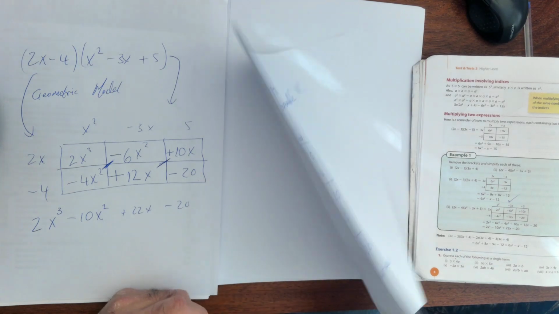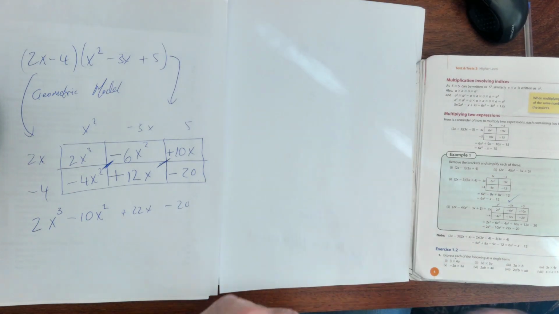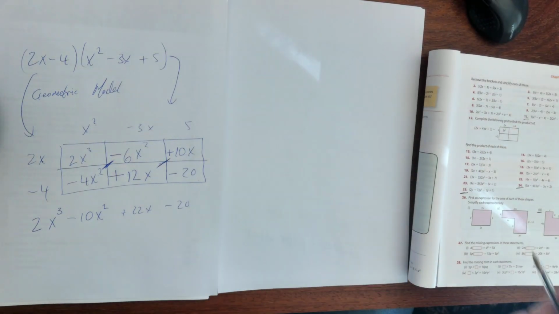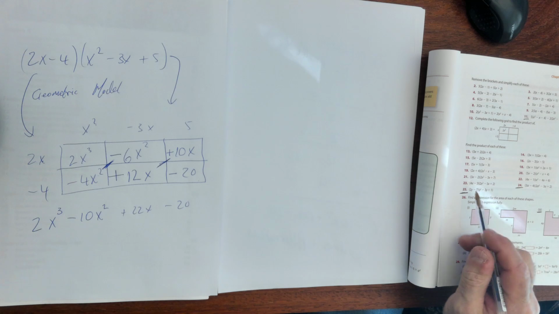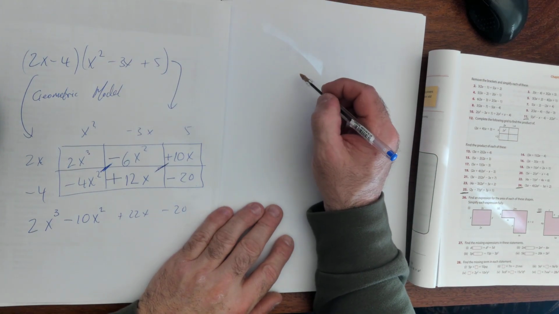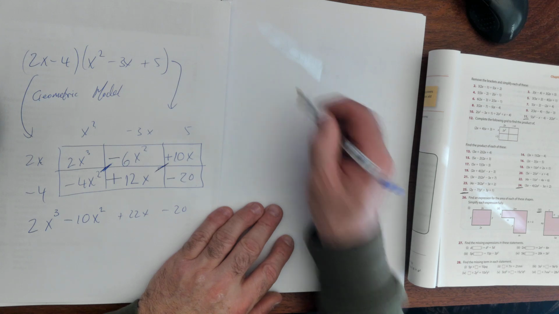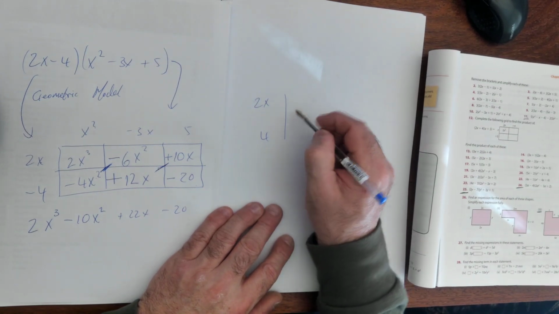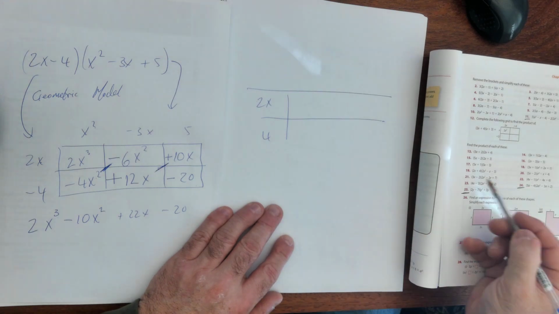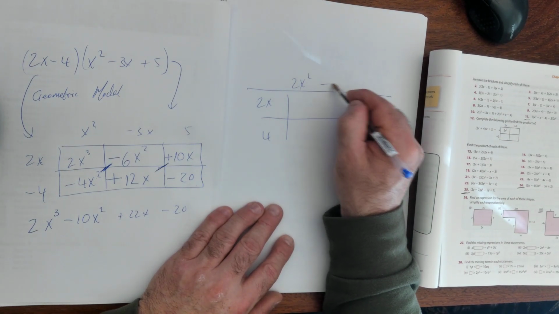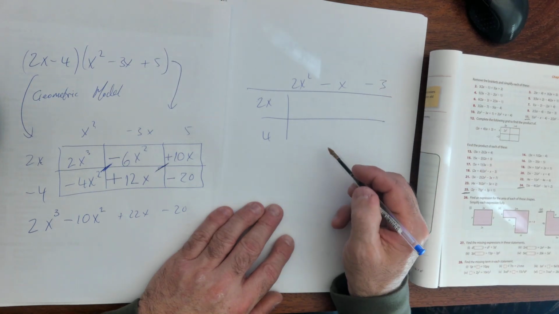We maybe just put it into practice for the first few even numbered questions that are relevant to what we're doing here now. Okay, so let's do number 21 using the geometric method. So number 21 here has 2x and 4 down the side, and it has 2x squared minus x minus 3 along the top.